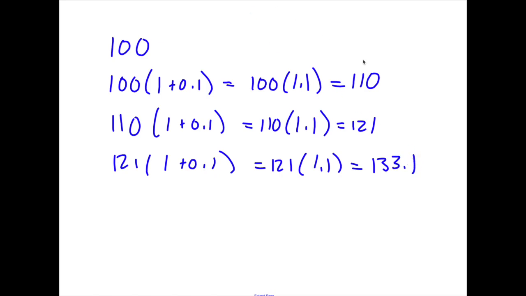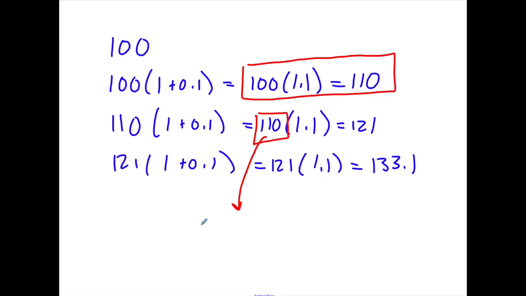Look, 110 is the same thing as 100 times 1.1, is it not? So what if I took this and I turned it on its head? Look, 110 is equal to 100 times 1.1. And now I bring in that original 1.1. Right?